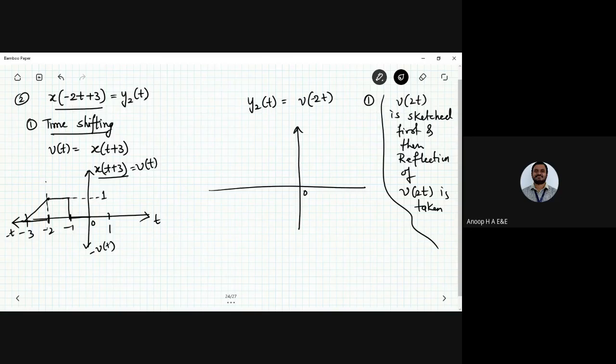Again 0, this is 1. So I need to check it for v of 2t first. Let me sketch v of 2t.